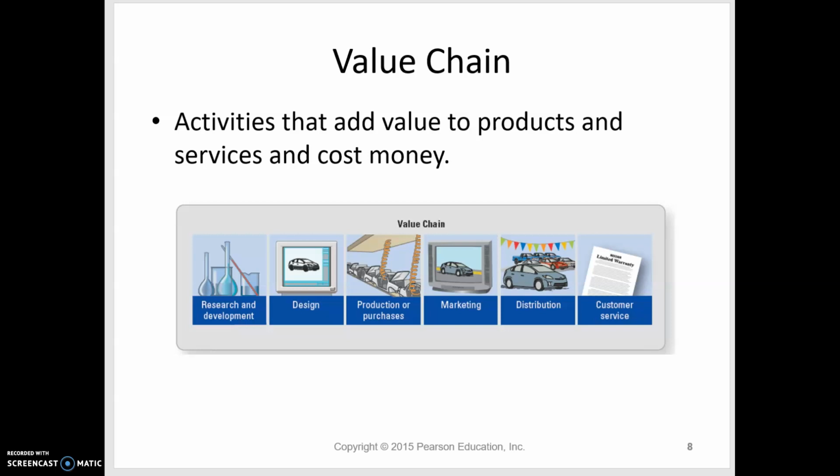And so those are all things that add value to the product, right? Even you think customer service, if you've ever had a problem with a product and you call the customer service hotline, and you get good service, that's going to give you a good impression about that company, and you want to go back and be a repeat customer.